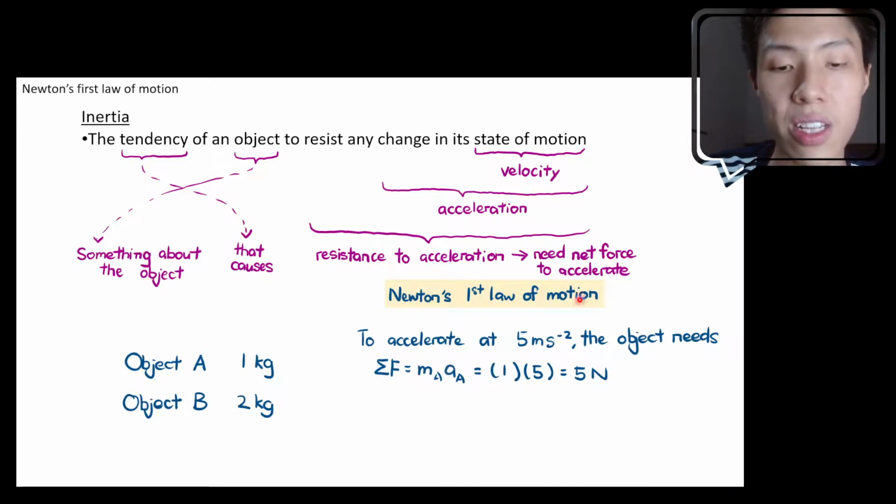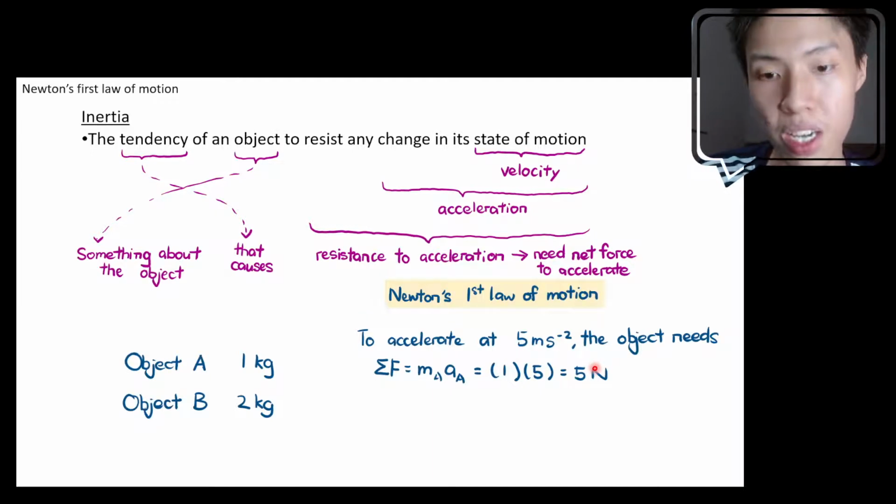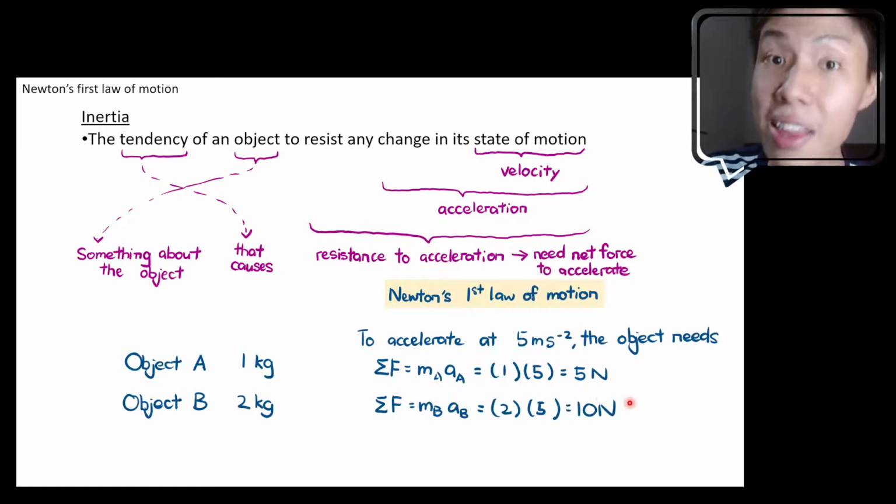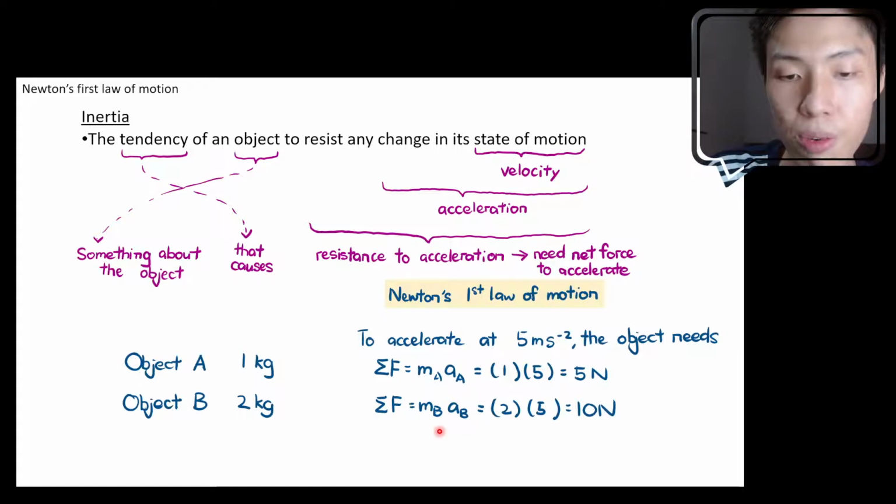This one is the second law, we'll learn it later. The mass of object A is 1 kg, the acceleration that we want is 5 meters per second squared, so you have to have 5 newtons of force pushing object A. But for object B, because it's 2 kg, you need 10 newtons to accelerate at 5 meters per second squared. Using the same formula, sum of F equals ma, because the mass of object B is twice the mass of object A, to achieve the same acceleration you need twice the force.